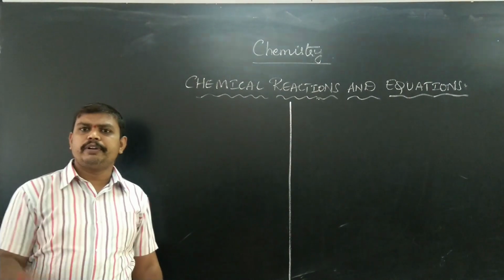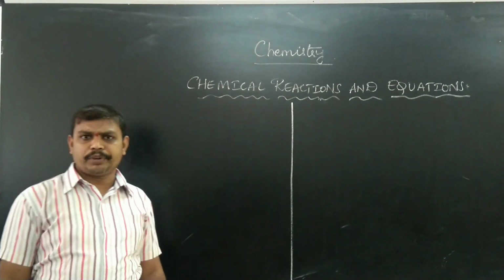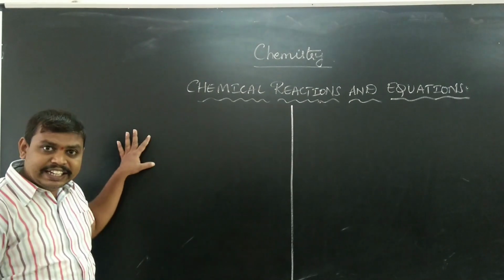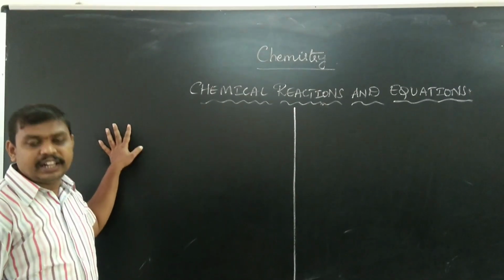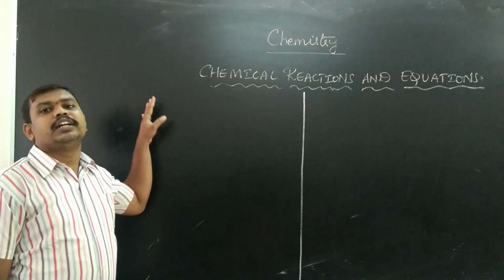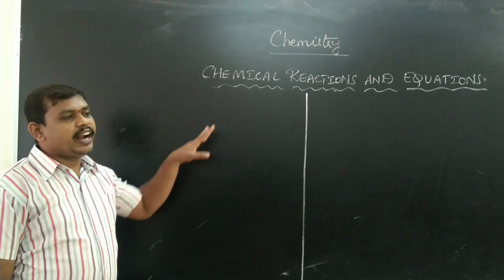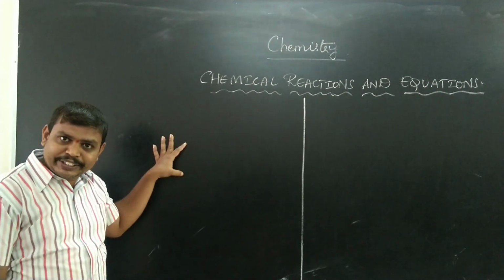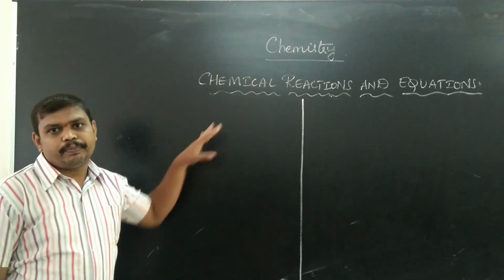So what is meant by a reactant and what is meant by a product? The elements present on the left side of the equation are called the reactants. And the elements obtained from the reaction, on the right side, are called the products.